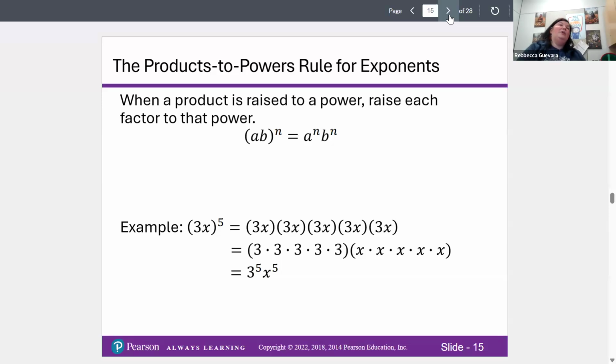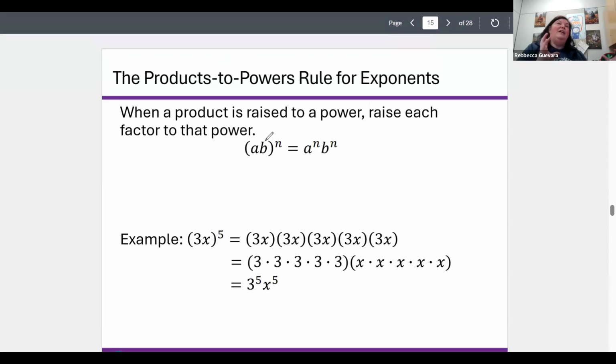All right, so from there, we're going to go from products to powers rule. This one is saying that if I have two different numbers multiplied together, and that is all raised to a power, I can distribute that power. So if I had, say, 2 times 3, and I raised that to the power of 4, that means I have 2 times 3, 2 times 3, 2 times 3, and 2 times 3.